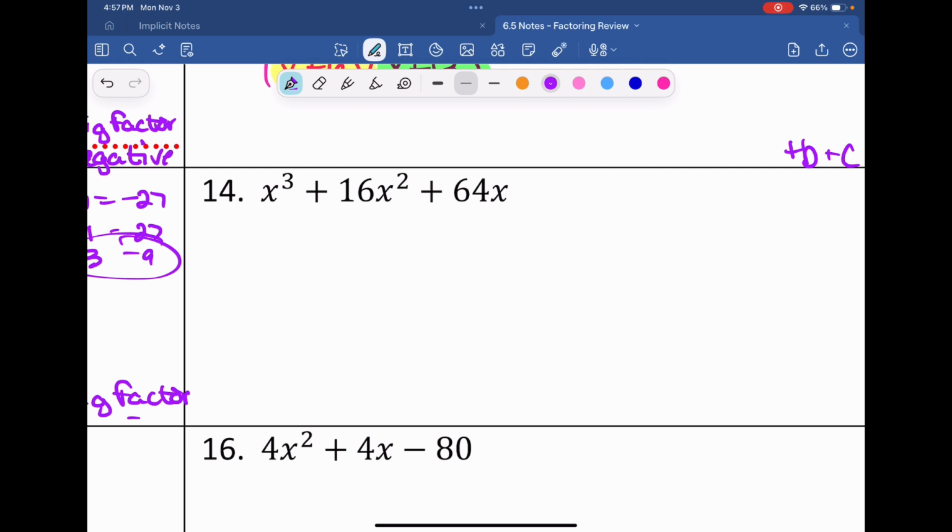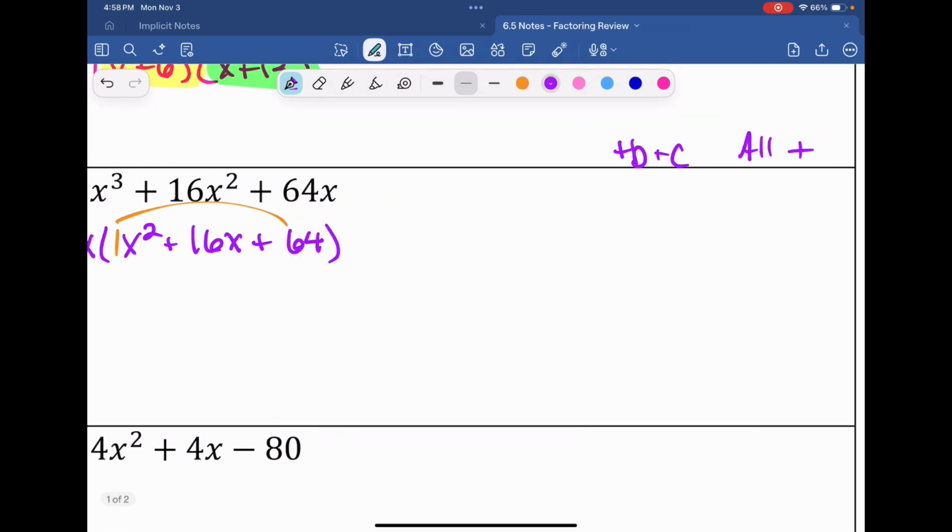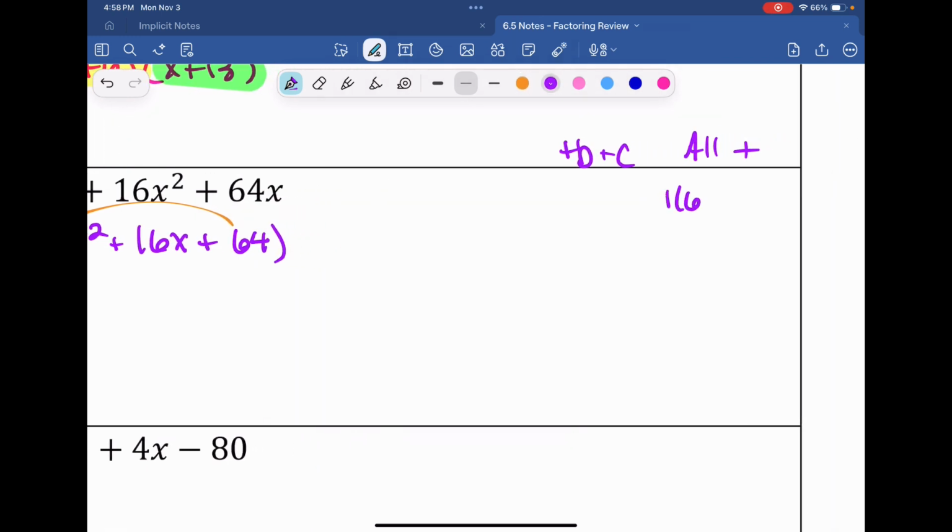Example 14's got a GCF of x. Leading coefficient's 1 times the 64. So 1 and 64, 2 and 32, 4 and 16, 8 and 8.